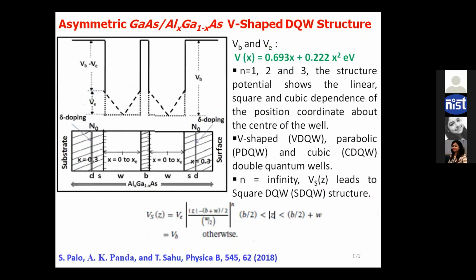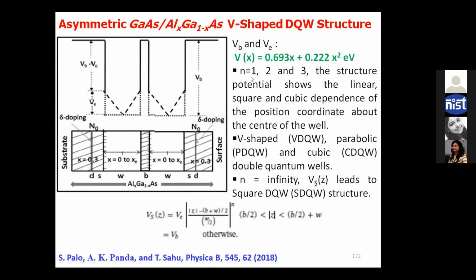So there are other structures that you can also use to modulate the wave function. That means simply you change, instead of a square, you can also take a V shape. So simply we know the potential, which is obtained from this expression for a parabolic.